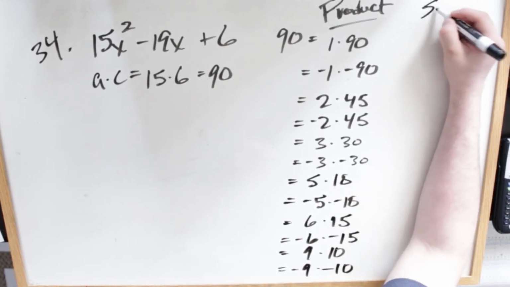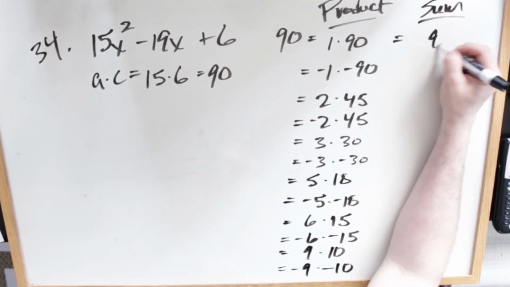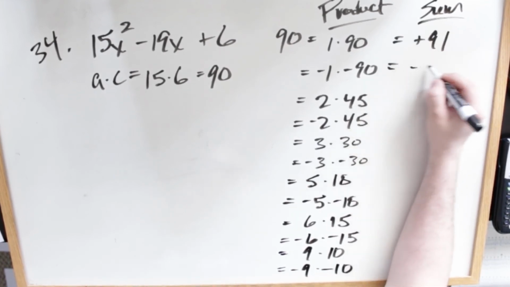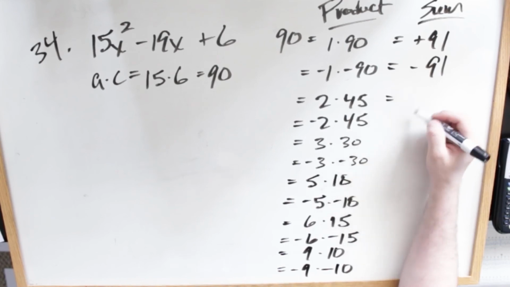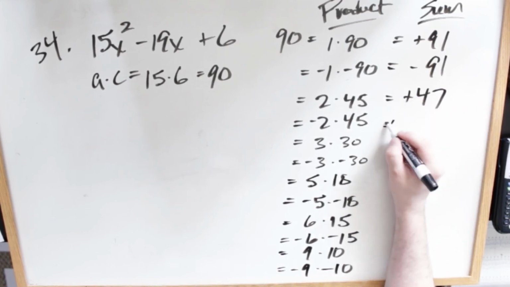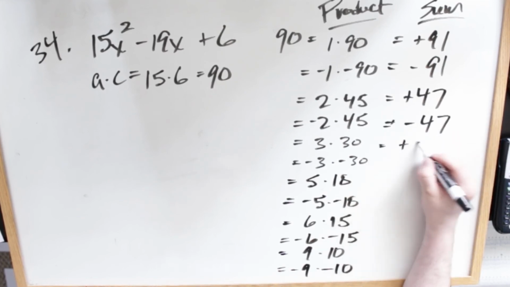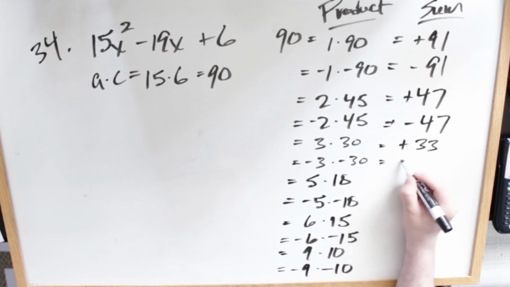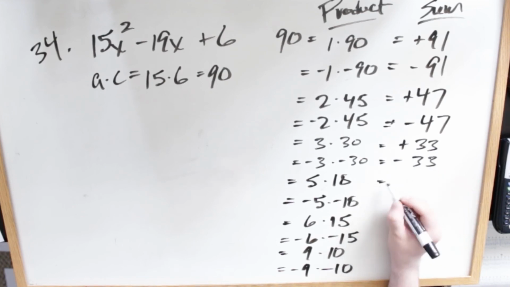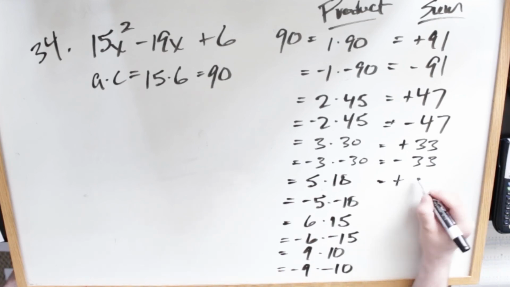Whew, this is a lot of work. Okay, 91, negative 91. This is going to be 47. And this will be negative 47, positive 33, negative 33. 5 and 18 is going to be 23, positive 23.